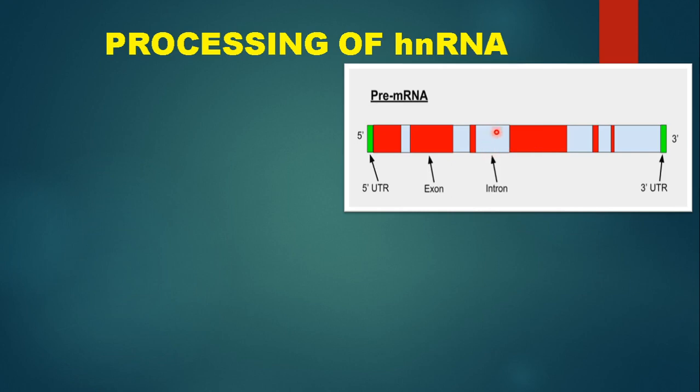Whereas the portion here that is marked light blue, they are not responsible or they cannot code for anything. They are not expressed in any form. They cannot be expressed during the protein formation. They cannot code for any amino acids.